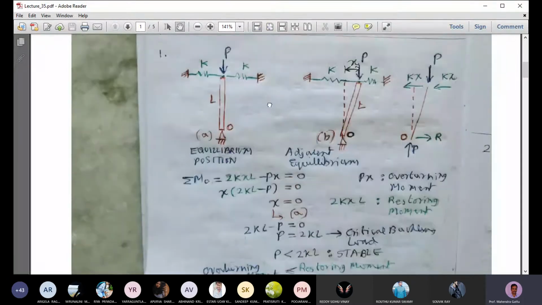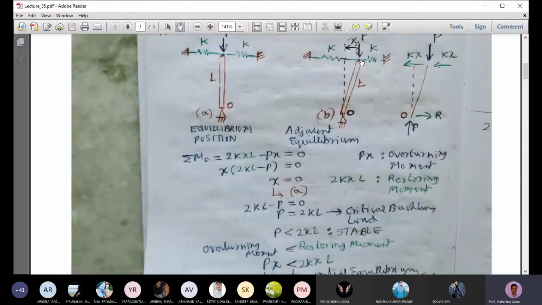As long as the applied load P is less than 2kL, this structure will be stable. That means even if you give a small displacement, the column will come back to its original configuration. But once P exceeds 2kL, then once a small displacement is given, the column will keep moving to the right.